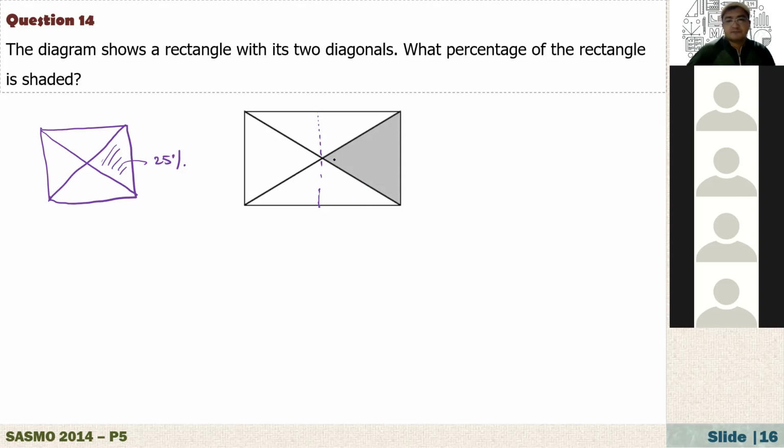Okay. Interesting. Something is missing here, I think, because we don't know about its length.